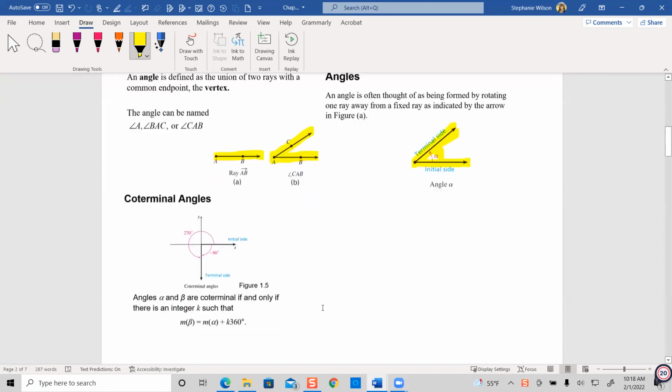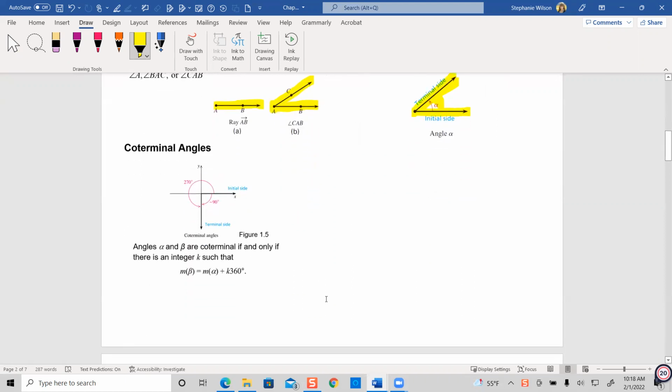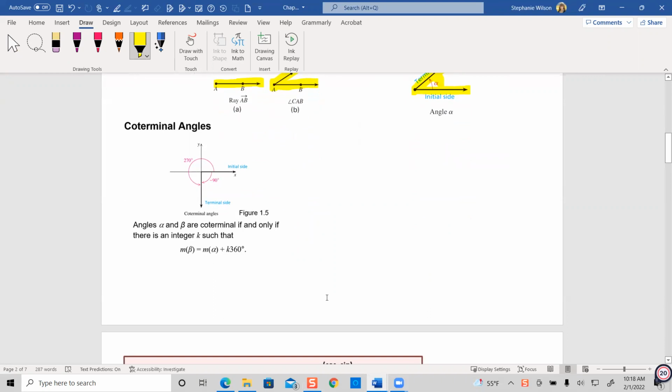All right, coterminal angles. When we talk about coterminal angles, we have two of them here, alpha and beta. They're coterminal if and only if there is an integer k such that the measure of beta equals the measure of alpha plus k times 360 degrees.